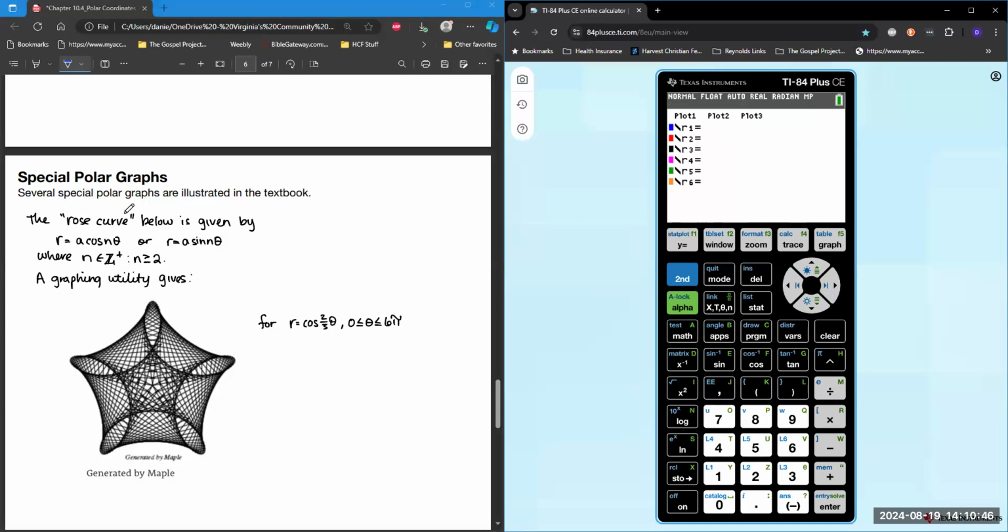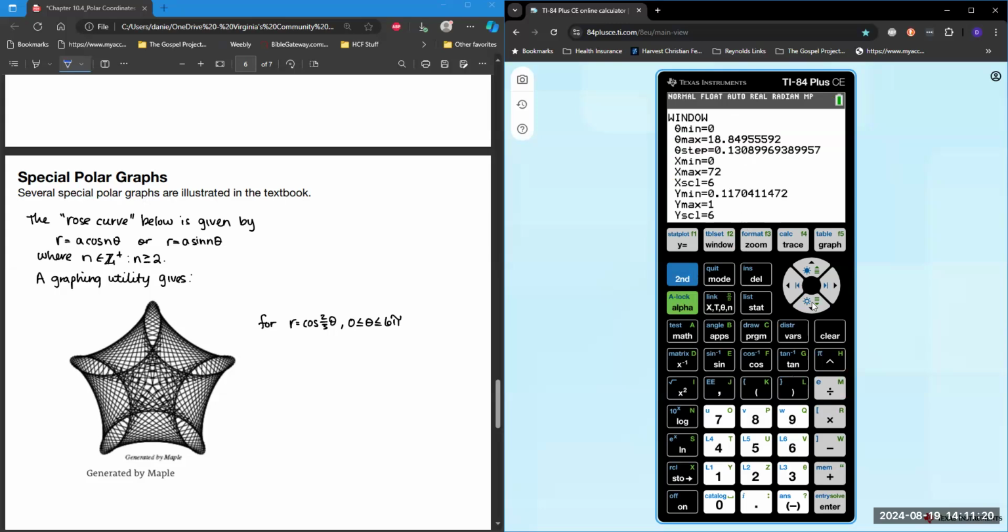So let's just try and graph this function that was given, cosine of 2 theta over 3, so now the variable switches to theta over 3. I want my thetas to go between 0 and 6 pi, and probably increments of pi over 12.